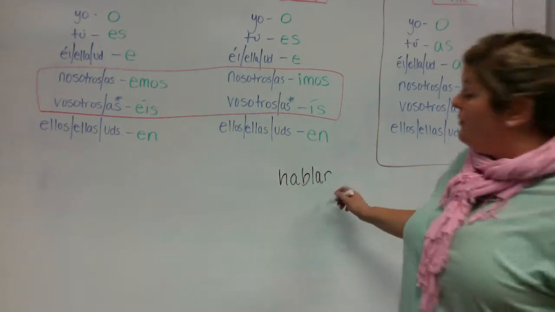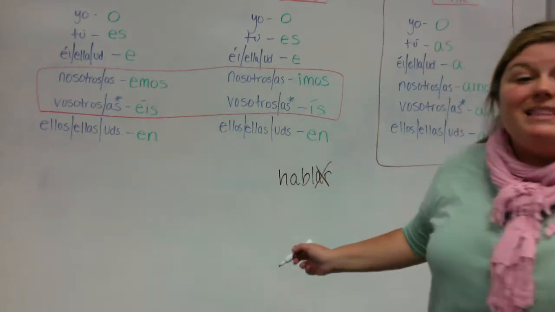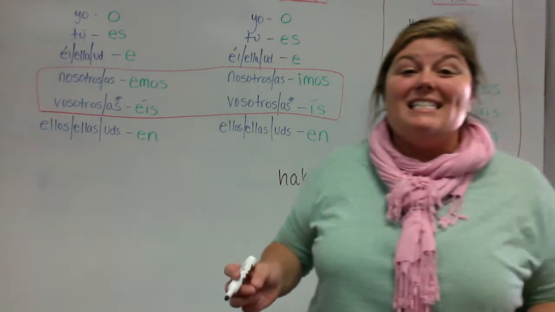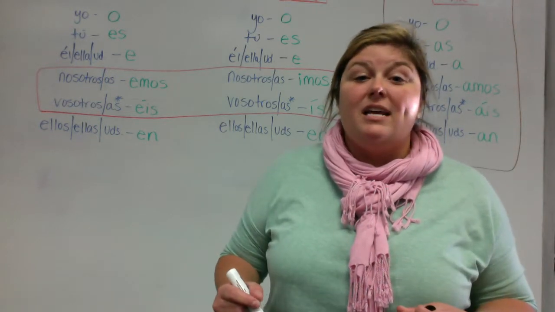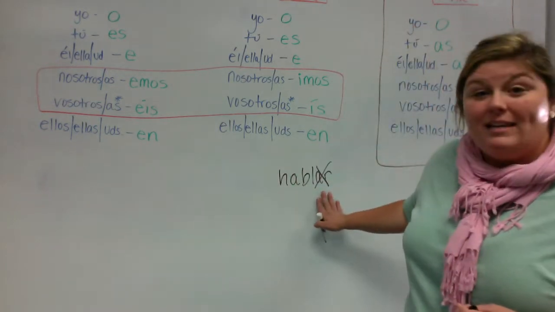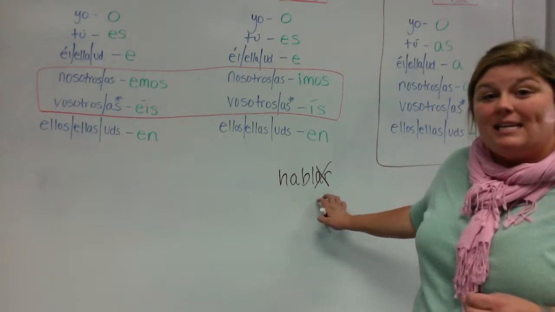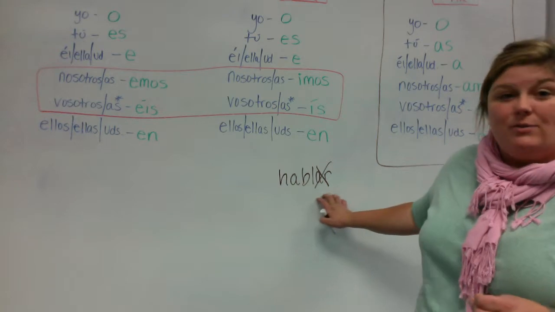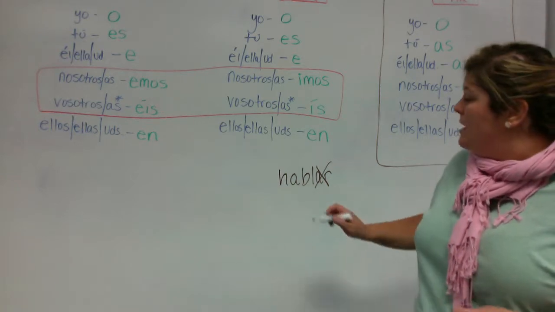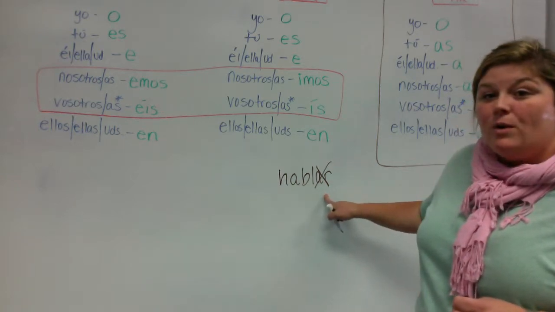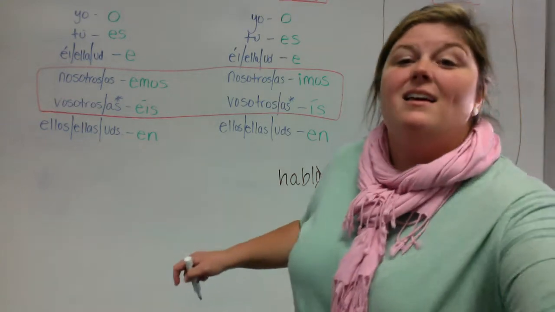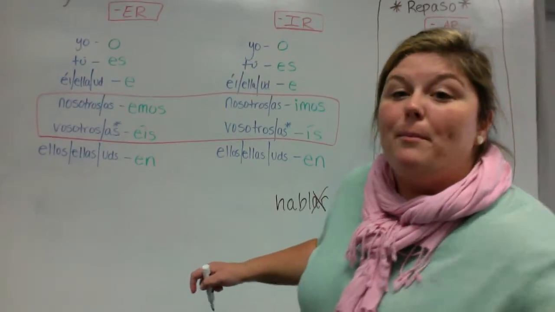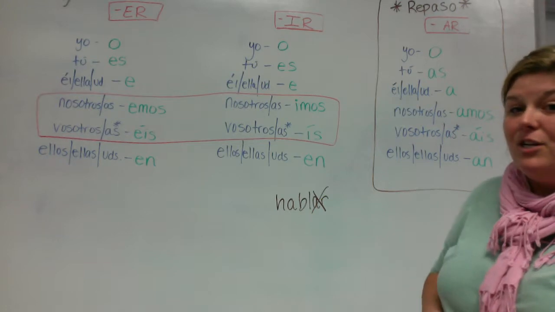To conjugate a verb, you're going to start by dropping the ending, because again, the ending is telling us who does the action. And right now, with it ending in AR, there's not a person that's assigned to this. It's an infinitive form, meaning that no one is doing the action right now. So we're going to drop the AR, and then we're going to add the ending associated with the person who is doing the action.